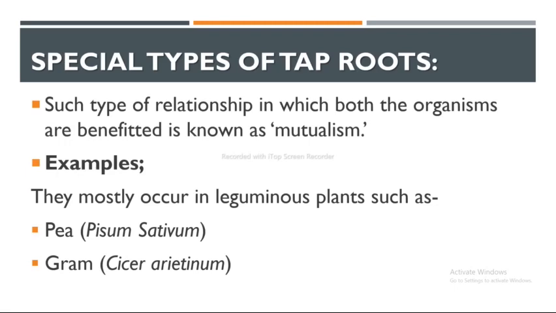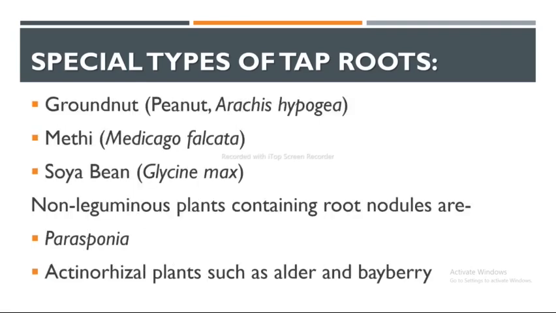Examples: they mostly occur in leguminous plants such as pea, Pisum sativum, gram, Cicer arietinum, groundnut, Arachis hypogaea, methi, Medicago falcata, soybean, Glycine max.